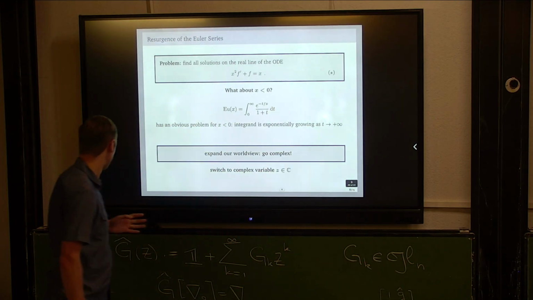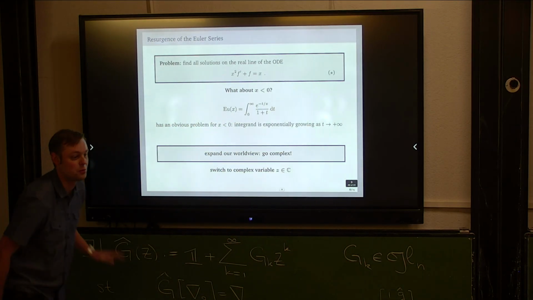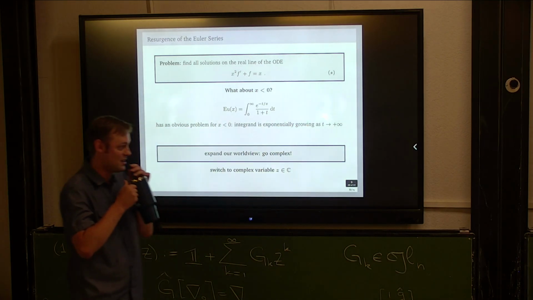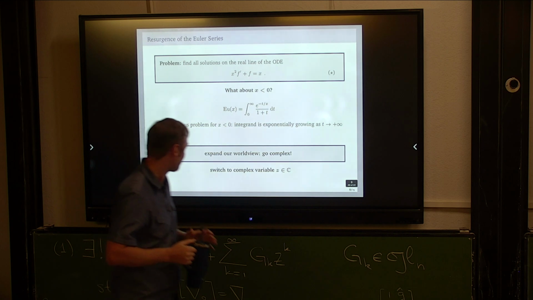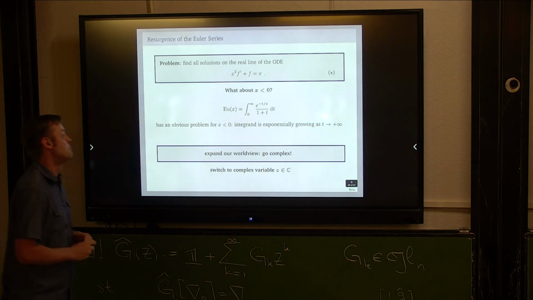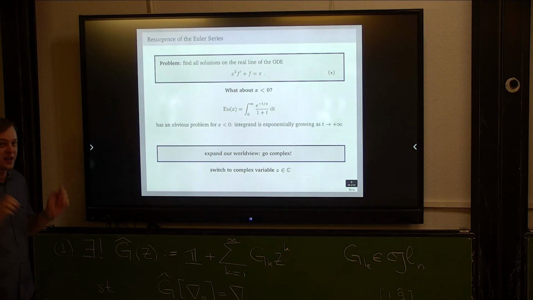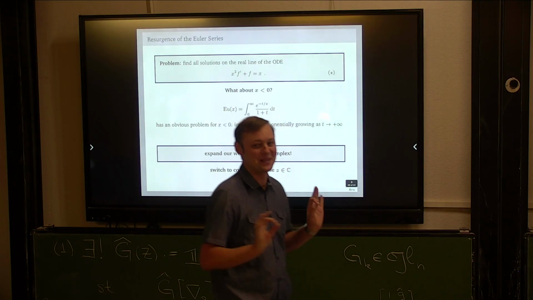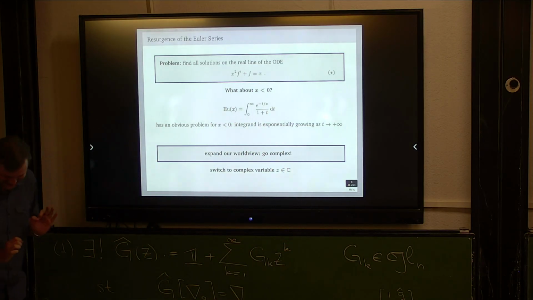And as is always the case, at least from my point of view in mathematics, it always pays off to go complex. So what we're now going to do is recognize that the real line is just a subset of the complex plane.